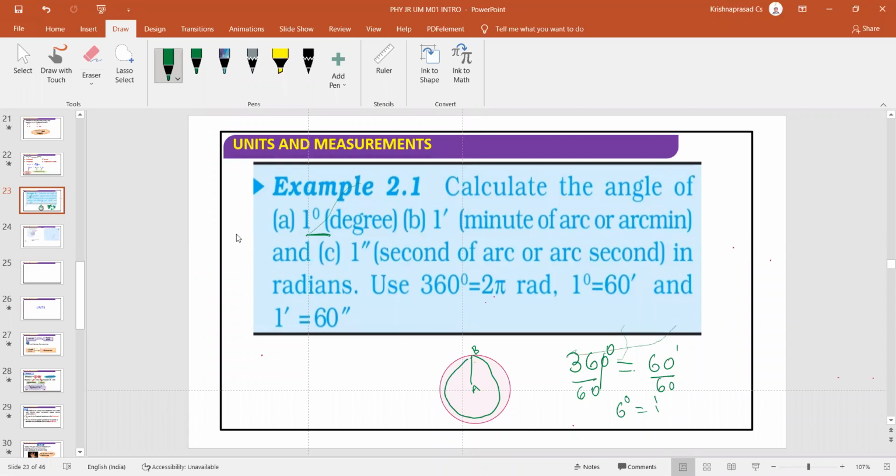Then you will get the value of 1 minute. So tell me the value. 1 minute is equal to 6 multiplied by 1.74 multiplied by 10 to the power minus 2, right?